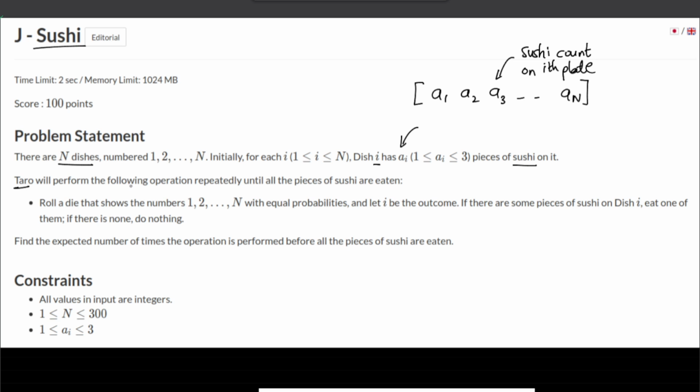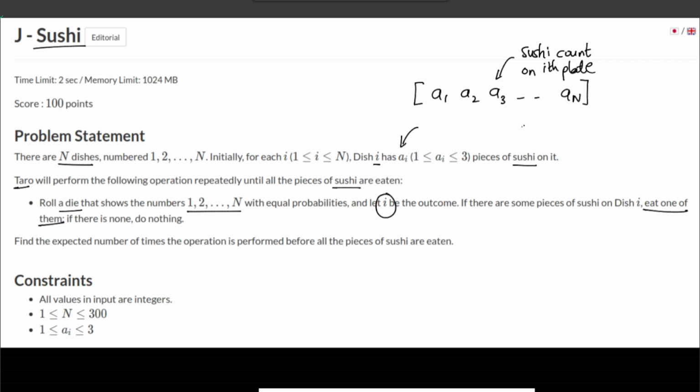Now, Taro will perform the following operation repeatedly until all the pieces of sushi are eaten. He will roll a die that shows a number from 1 to n with equal probabilities and let i be the outcome of rolling the die, and he will eat one of the sushi that is present on the ith plate.